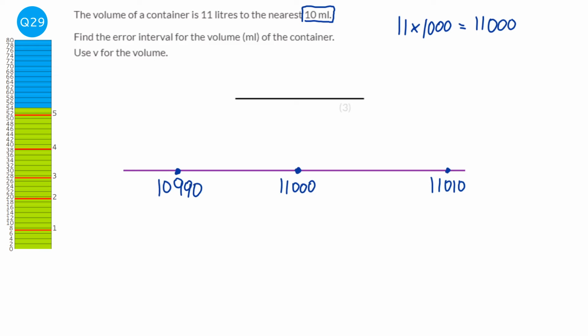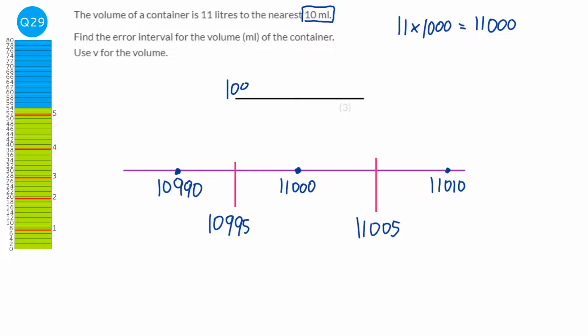Now when we're looking at limits with the upper and lower part of it, we are looking at halfway points. So halfway here and halfway here. So this halfway point will be 10,995, and the next one will be 11,005. That's the halfway points.